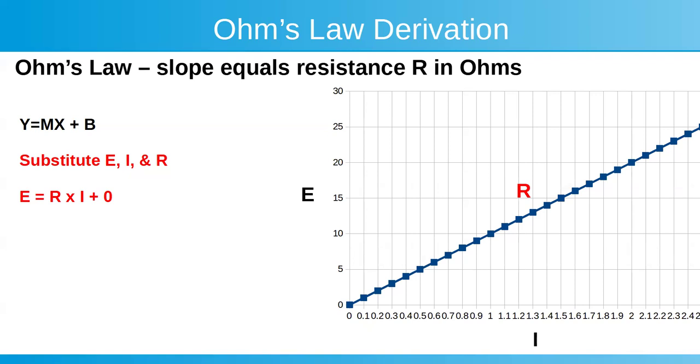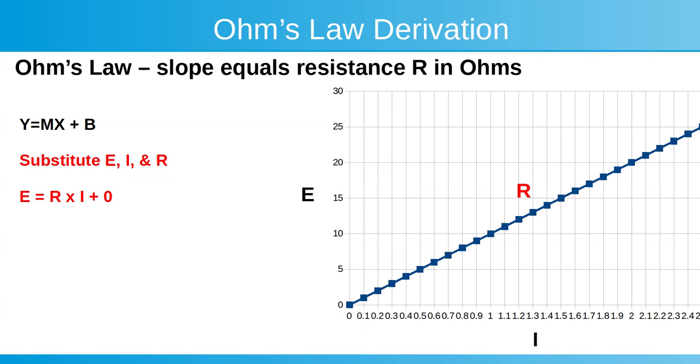So if we substitute E, I, and R in that basic formula, we get E is equal to resistance times the current, plus the offset, which is 0. That's just another way of writing Ohm's law, and you'll need to be able to deal with it in all 3 forms of that equation.